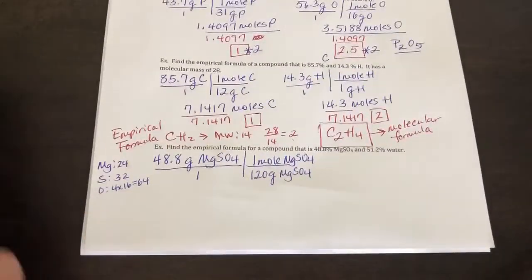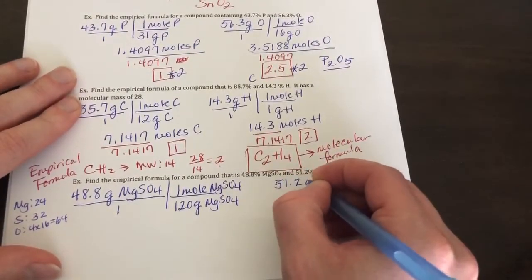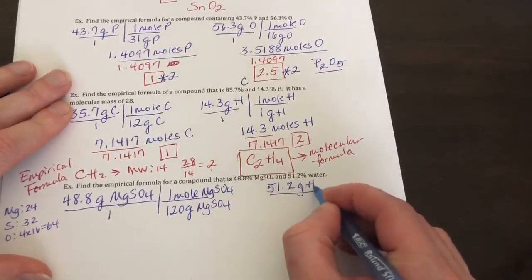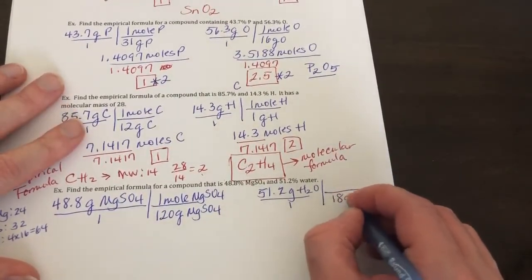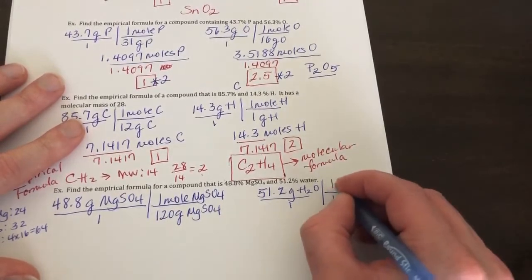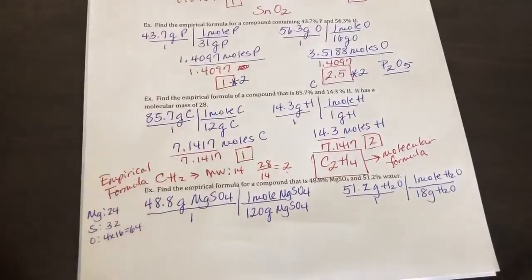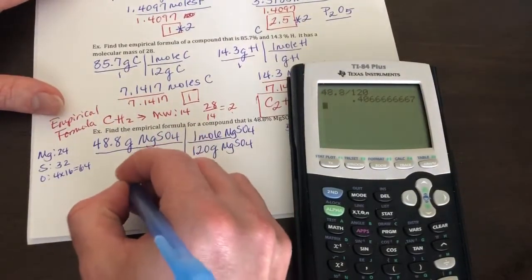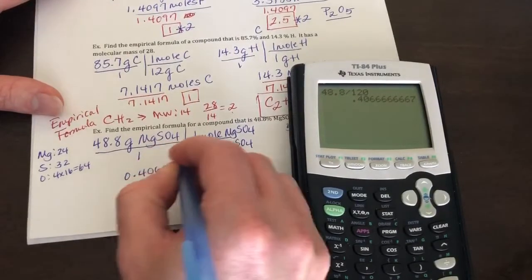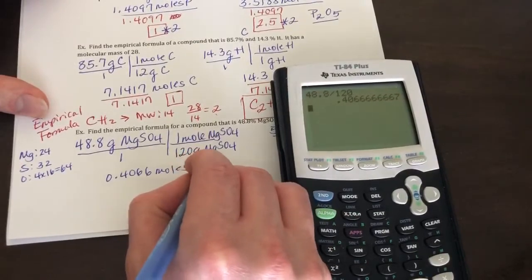Okay. Now, from our previous lesson, we know that water weighs 18. So we're just going to say 51.2 grams of water over 1. Water weighs 18 grams. Okay, so we're going to put those in our calculator. So 48.8 divided by 120, 0.4066 moles of MgSO4.